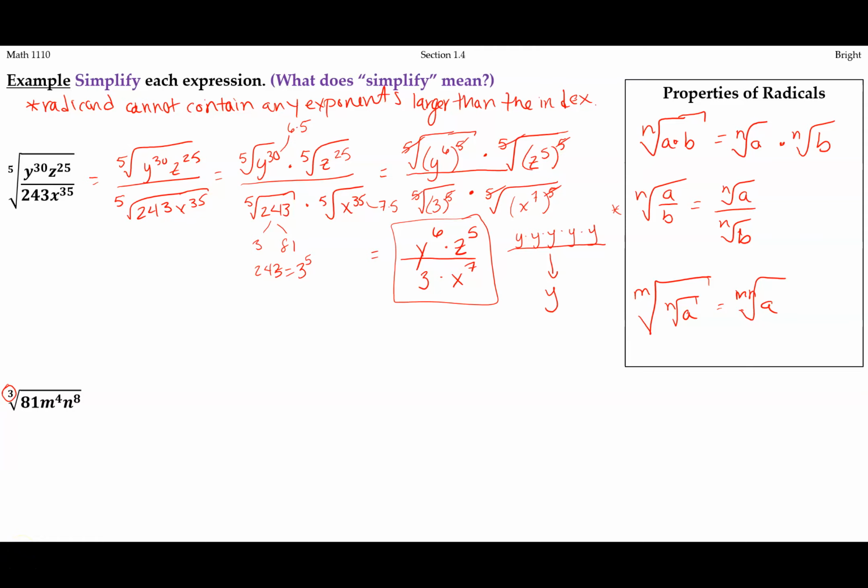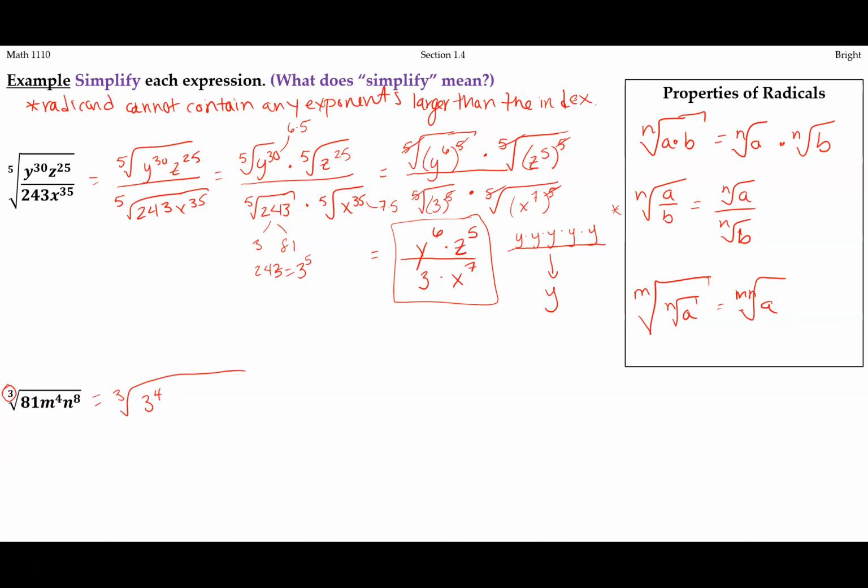Alright, and hopefully you had a little bit of time to pause the video and try this out on your own. What I did to work on this one was to first recognize that 81 is 3 to the 4th power. Getting to that step may have taken you a little bit. You know that 81 is 9 times 9, and you may have stopped there, but you can actually break 9 down further into 3 times 3, so you have 4 3's multiplied together.